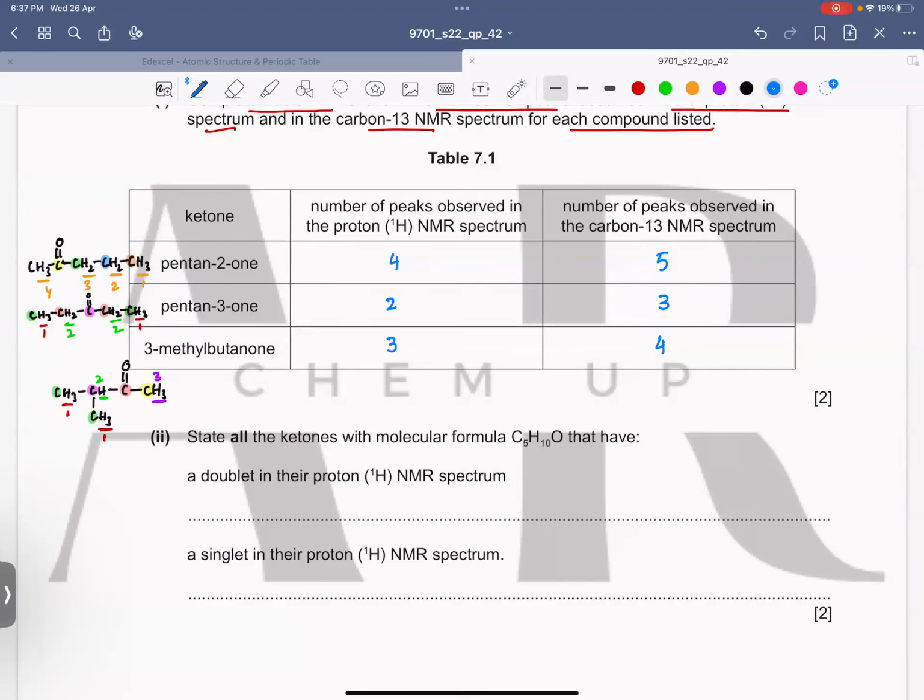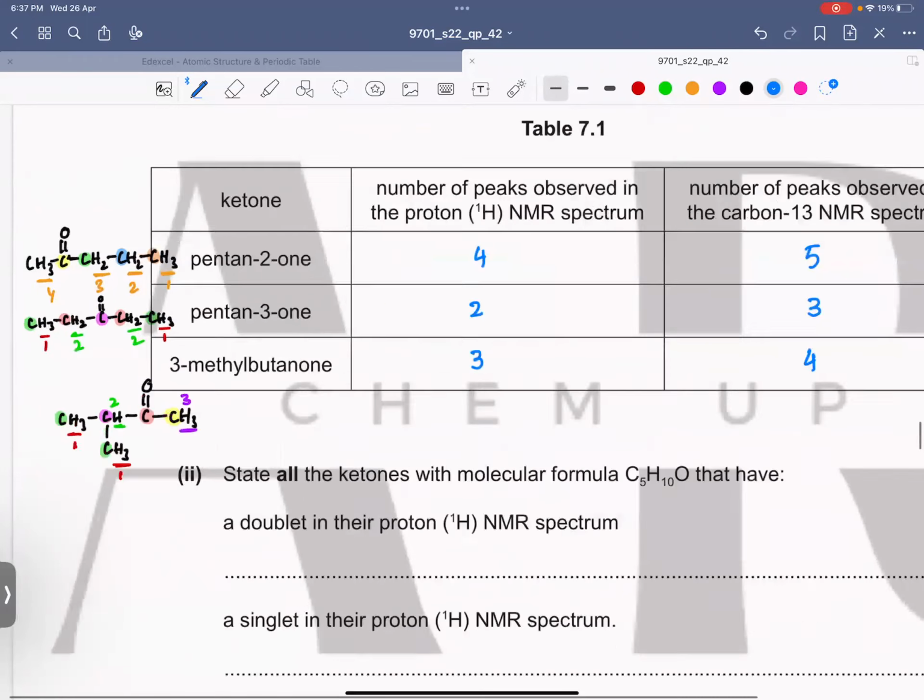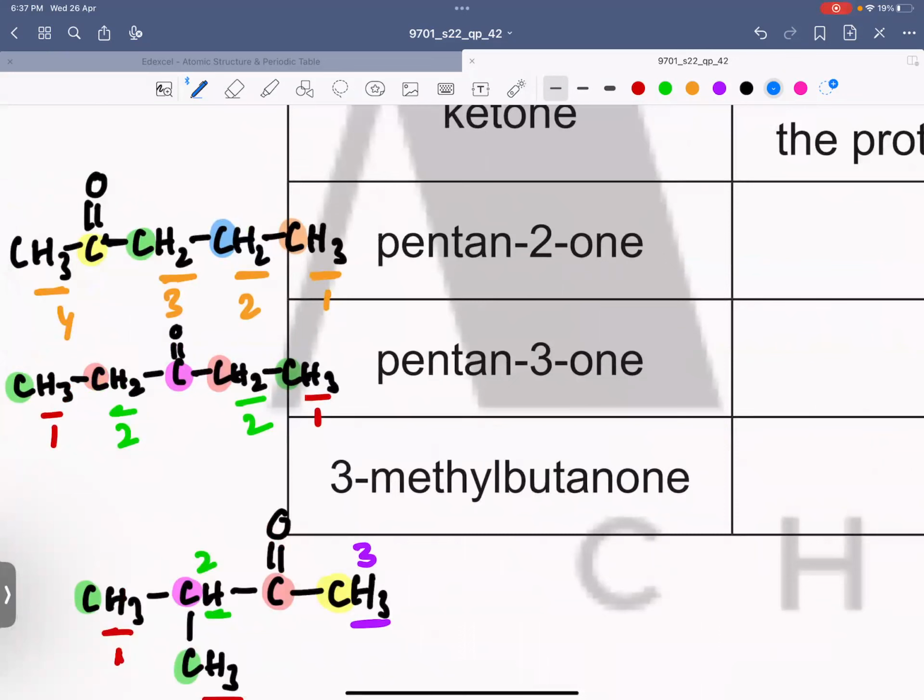The hydrogens that are attached to a neighboring carbon will give us the splitting order of that signal. We are not talking about the splitting order right now. For example, these 3 hydrogens are going to show one signal, but as there are 2 hydrogens neighboring this one, this signal is going to split into a triplet like this.